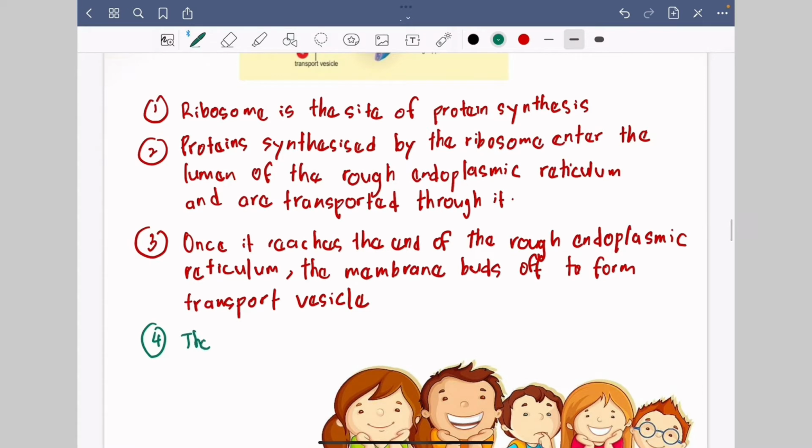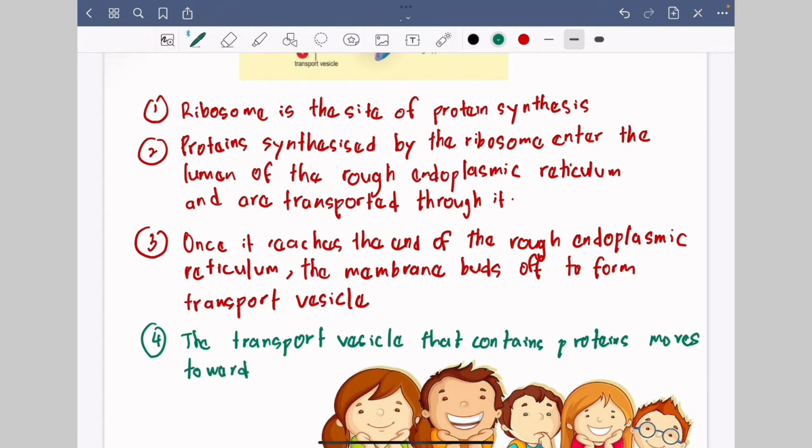So the sentence will be like: the transport vesicle moves toward the Golgi apparatus and then fuses with it.